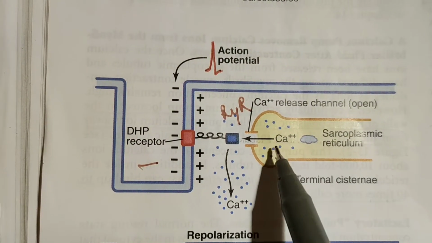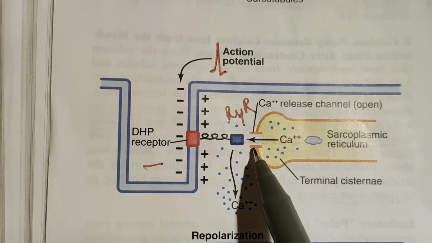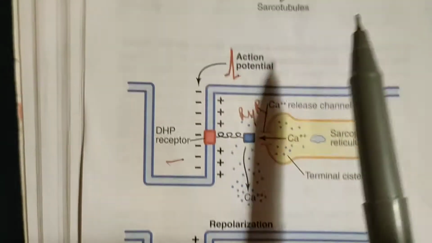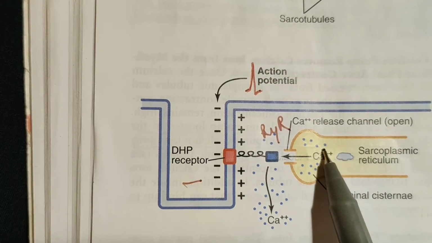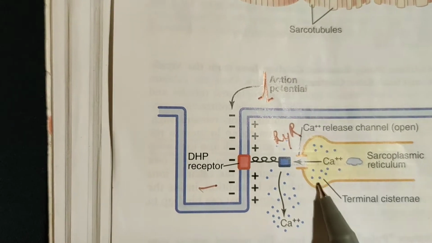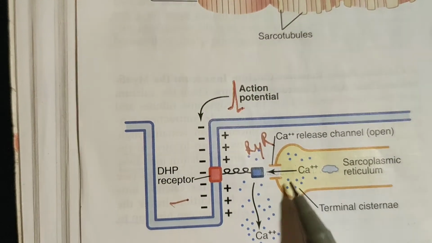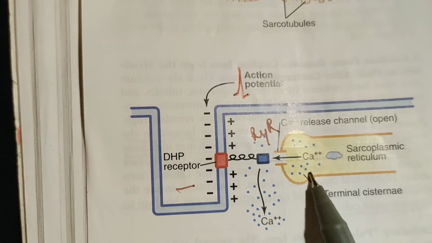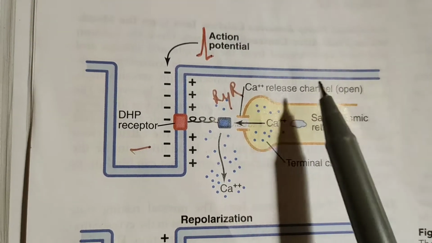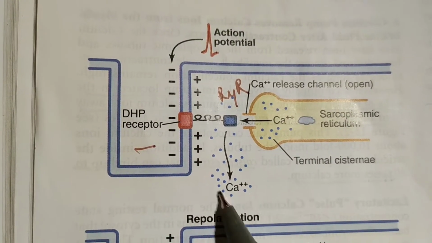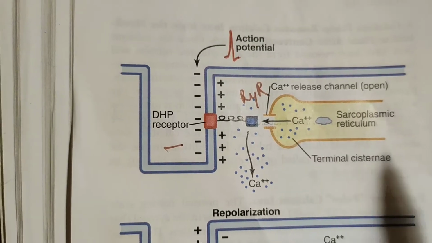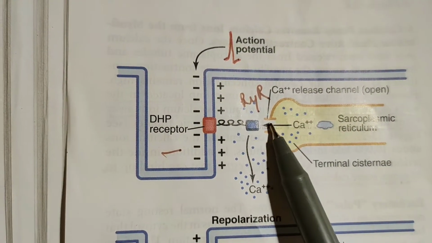This induces the calcium channels to open, and the calcium in the terminal cisternae moves out from the stores. So as long as the calcium levels are high in the myofibrils, the contraction occurs. How the contraction occurs, we'll discuss later.